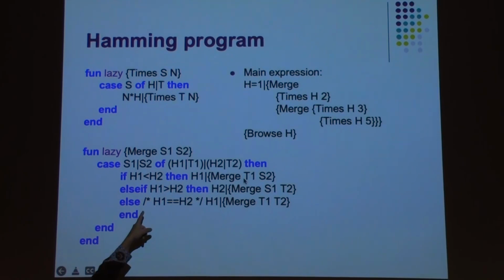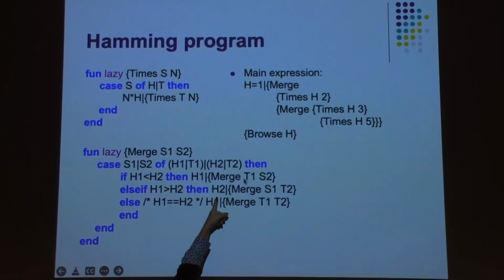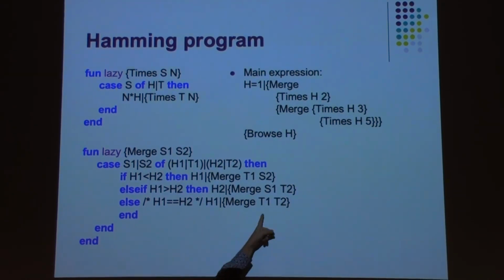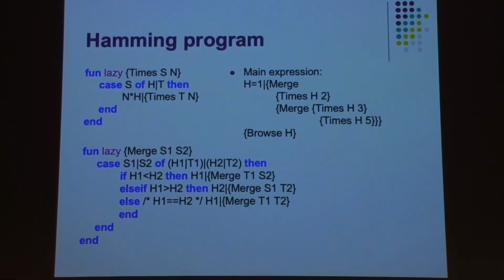And if H1 is bigger than H2, then the smallest is H2, and we advance with H2, but not with S1. And in the other case, they're equal. There we have to advance in both, because we don't want any duplicates, huh? If we have 2 times the same number, we have to skip both of them, of course. So this is the merge, a little bit more complicated.